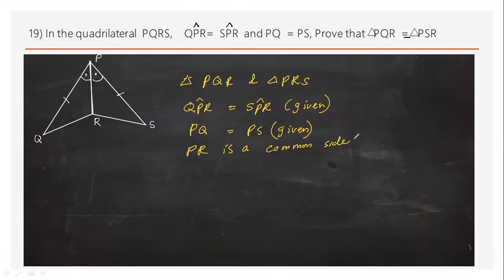PR is a common side. So triangle PQR is congruent to triangle PRS. The situation is two sides and one angle, side angle side case.